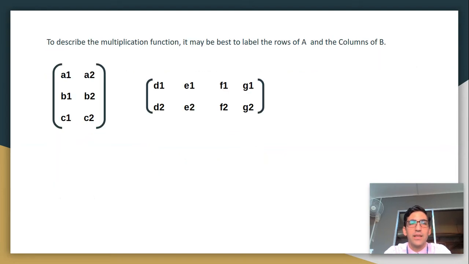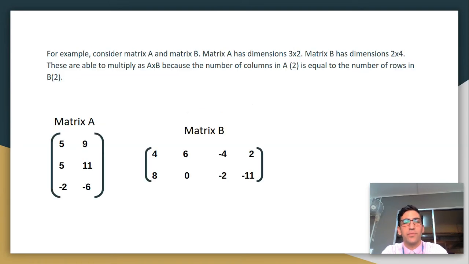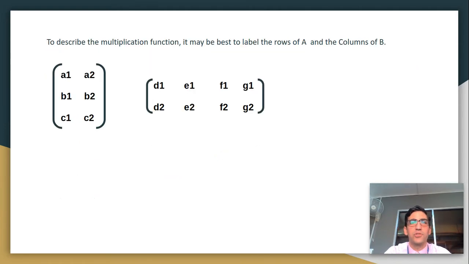And here is a way that we can think about how to do this. I have taken out the numbers. As you can see before, we had 5, 9, 5, 11, -2, -6. I've changed those just so it can help us think about what we are going to do to multiply these, because it's actually going to be quite a lot.